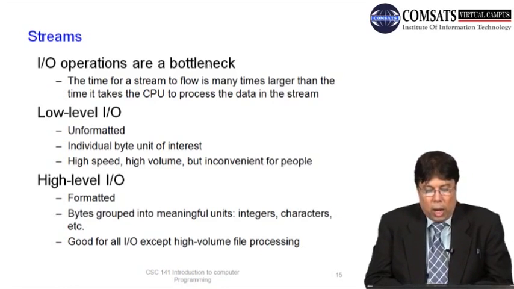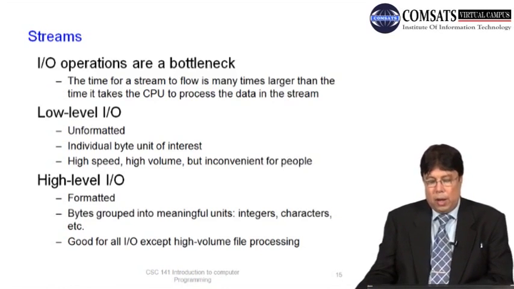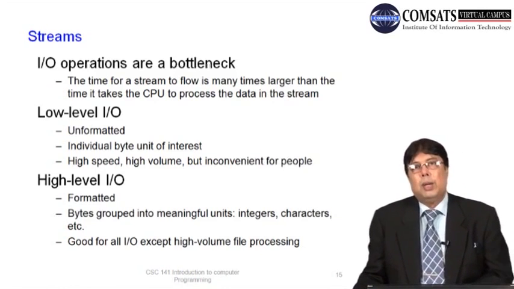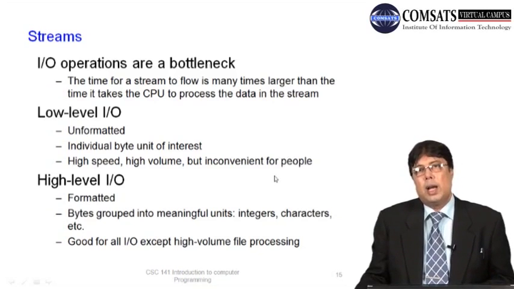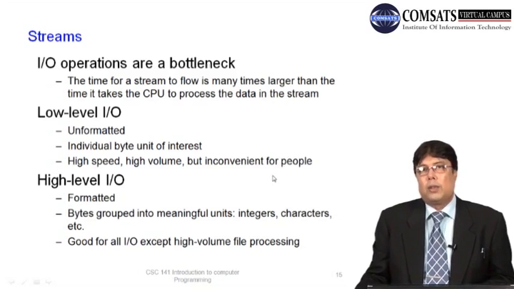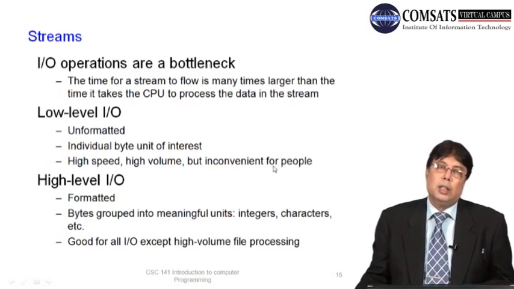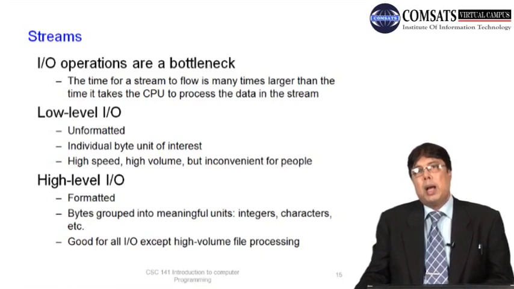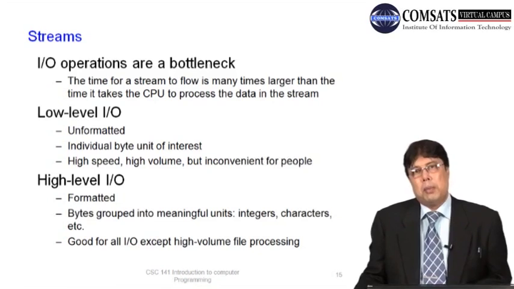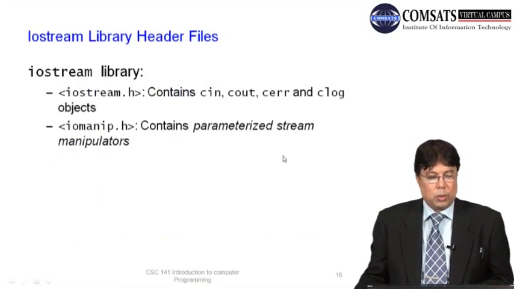This is good for I/O, except that high volume file processing will consume a larger time. That's why in the file processing session, after the sequential file, we discussed the binary read, BR, BW, BA, that is binary read and write, so that we could optimize the read and write operations also.